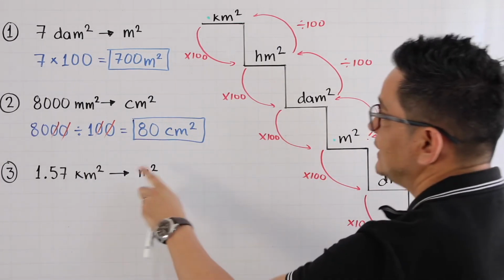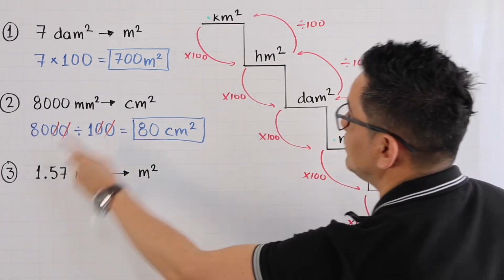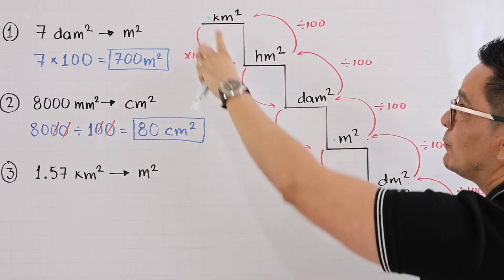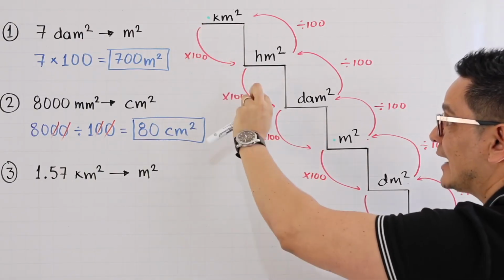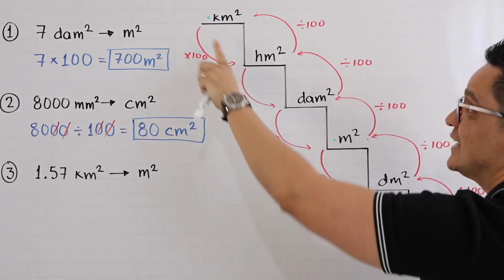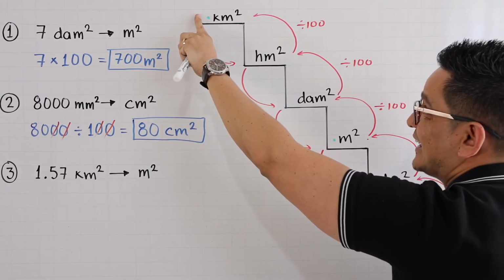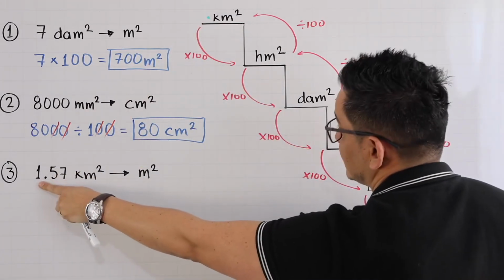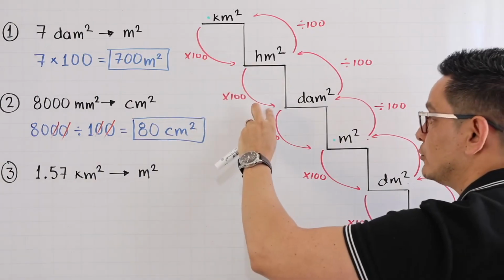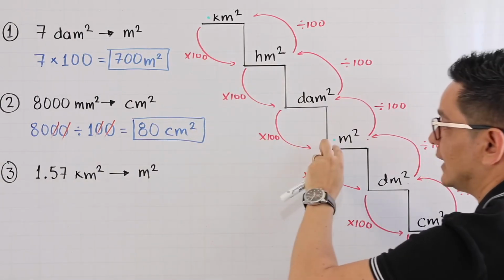I want you to see that if I want to convert from square kilometers up here down to square meters, I have to go down. And as I go down, I multiply by 100 each time. So I would really have to multiply the amount of square kilometers, which in this case is 1.57, first by 100, then again by 100, and then again by 100 to get to square meters.